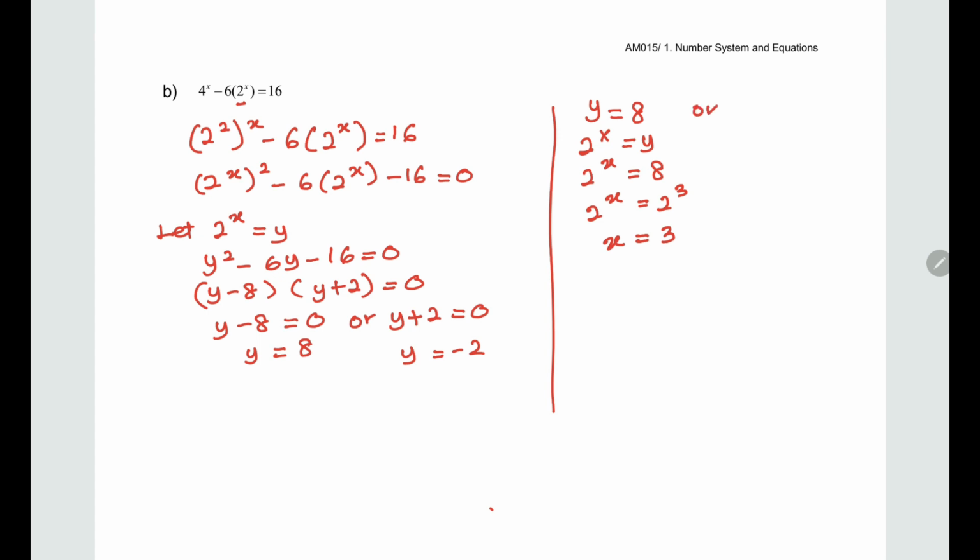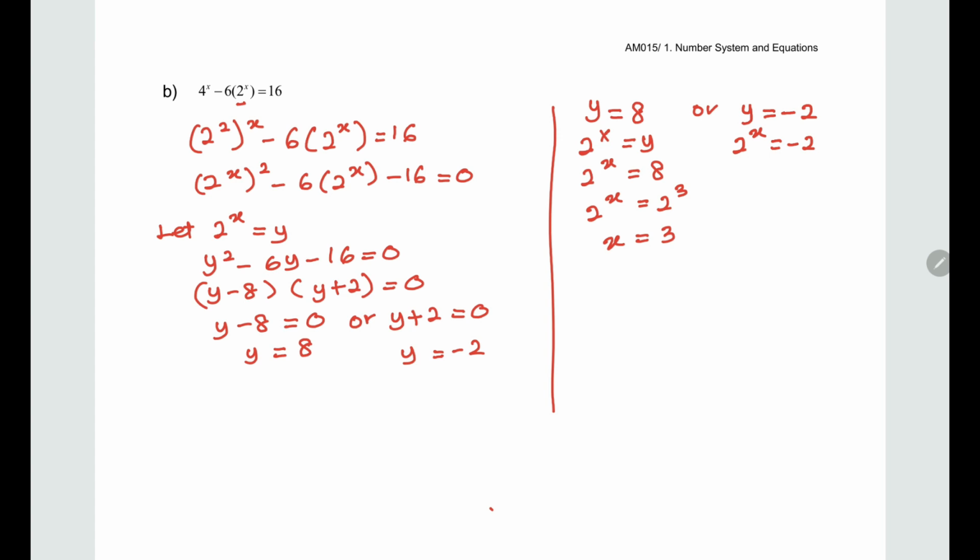Or for the other answer, when y equals to negative 2. Okay, so 2 power of x equals to negative 2.